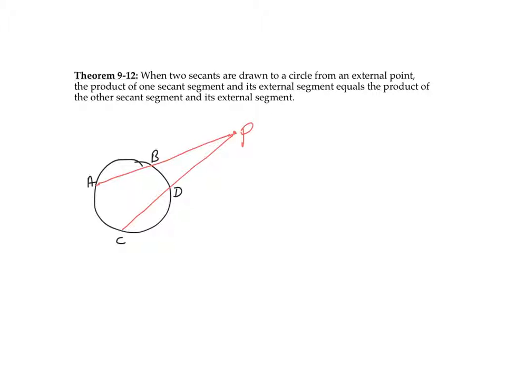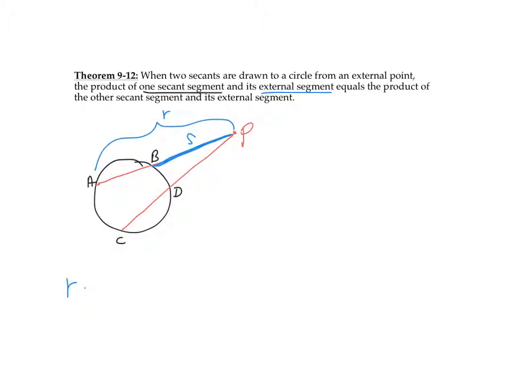The theorem again says the product of one secant segment, that's referring to the whole secant from A to P, and we're going to give that the variable R to represent it. So the product of that whole secant segment and its external segment, the external segment for that secant would be this piece right here. So let's say that that piece has a length of S.